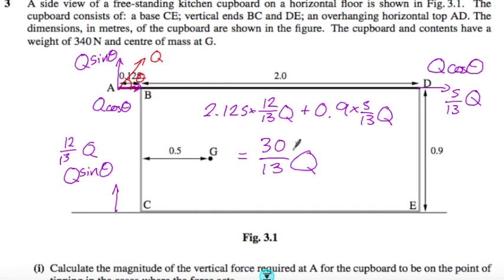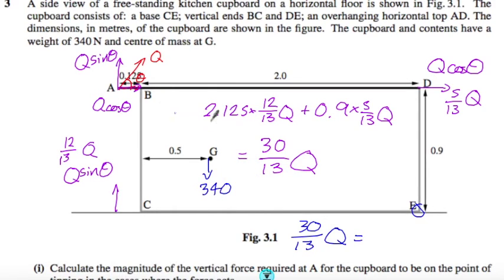So we know the overall clockwise moment about E of Q is 30/13 Q. So we don't have to worry about any forces now apart from gravity. So we're worrying about E now. We know clockwise is 30/13 Q, and anti-clockwise is going to be this 340 again.